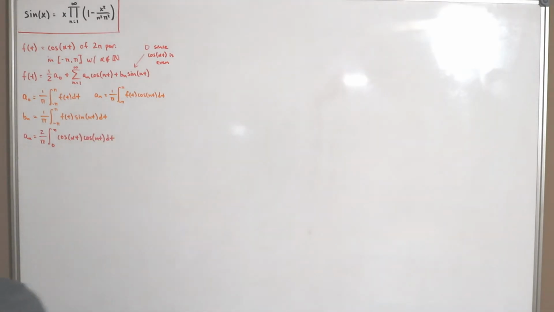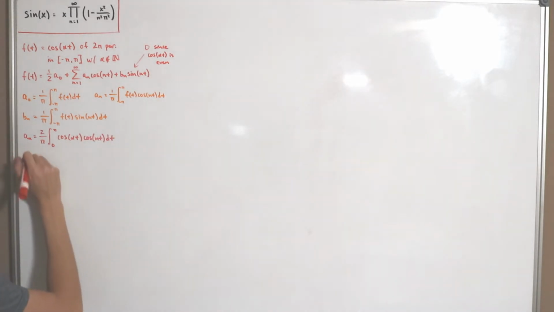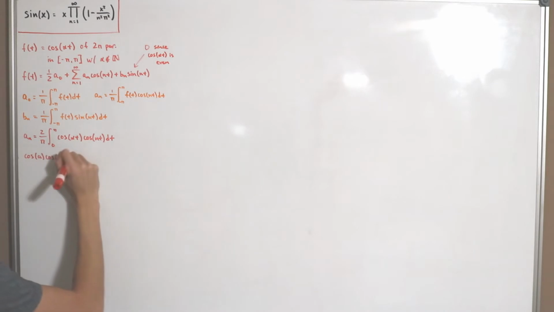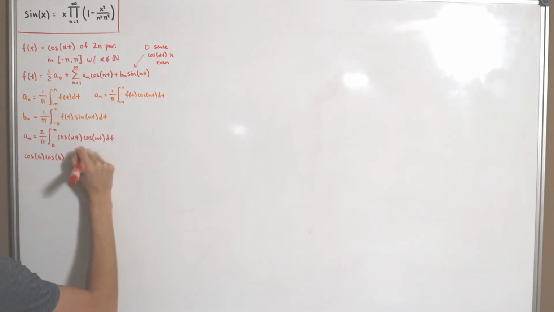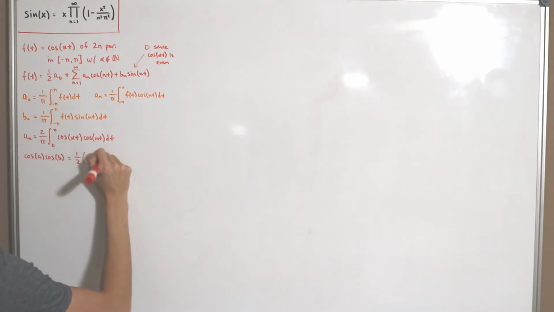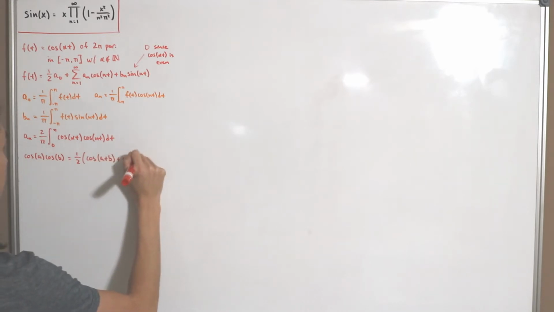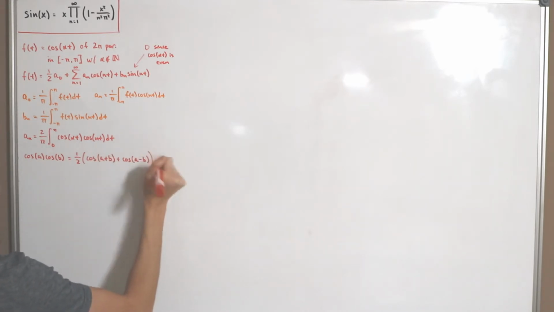Now we're going to use one of our trig properties: cosine of a multiplied by cosine of b is equal to 1/2 multiplied by cosine of a plus b, plus cosine of a minus b.